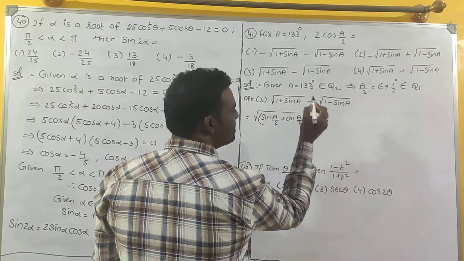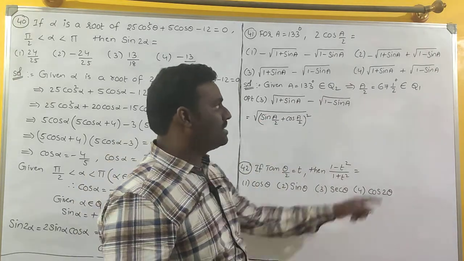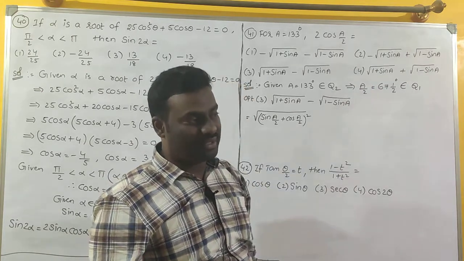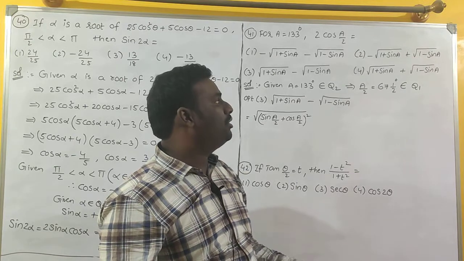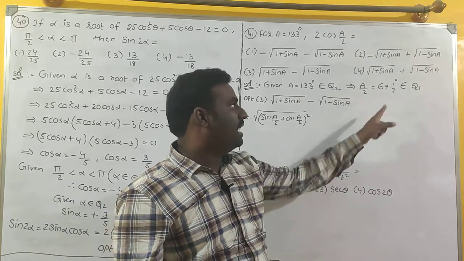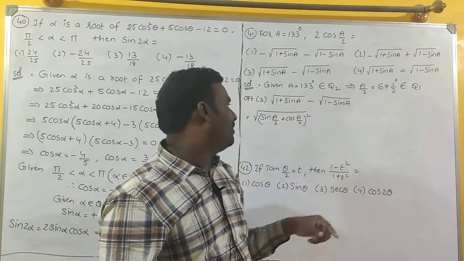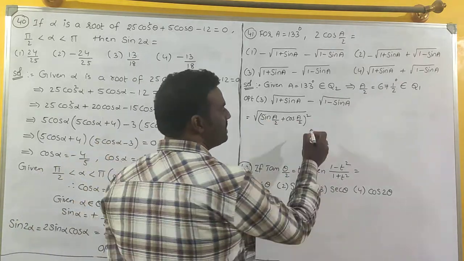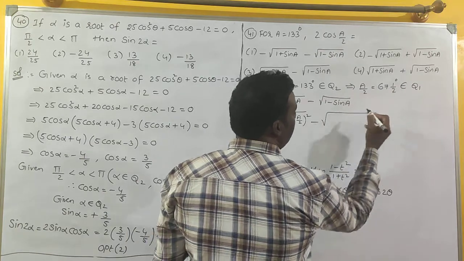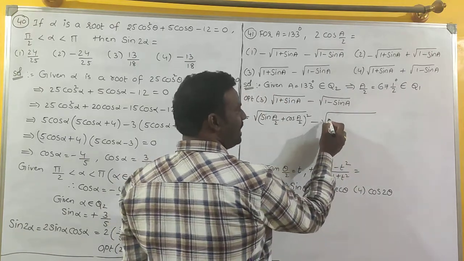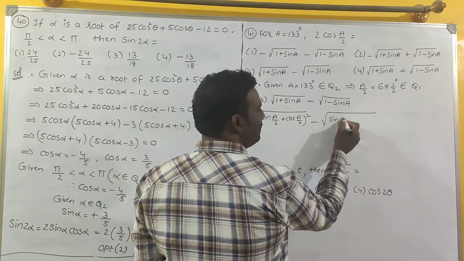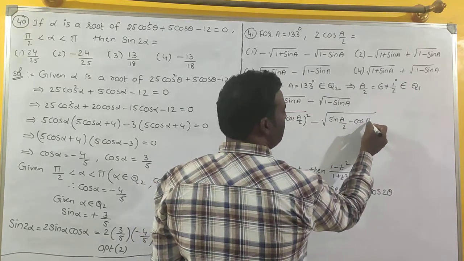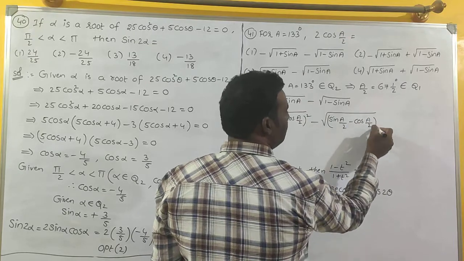Why sin first? Because A by 2 belongs to first quadrant, and here the angle is 67 and half, that's why I am writing sin value first. Minus under root of 1 minus sin A can be written as sin A by 2 minus cos A by 2 whole square.